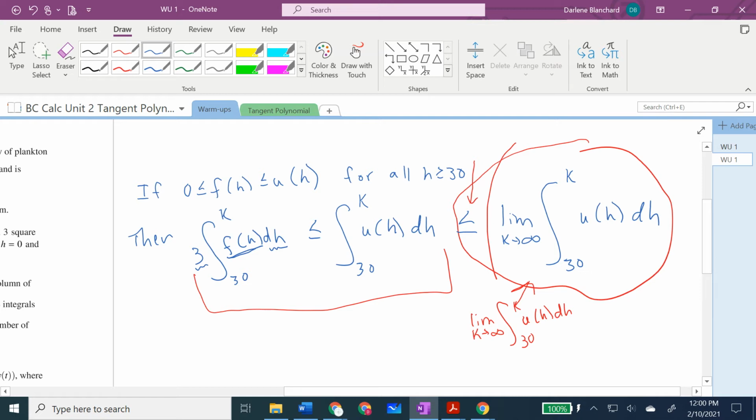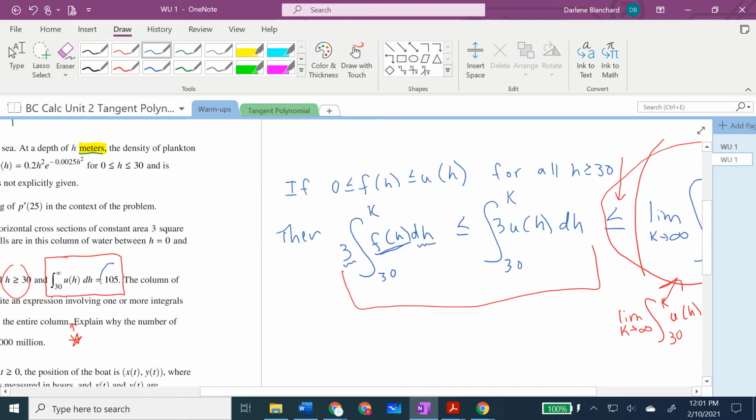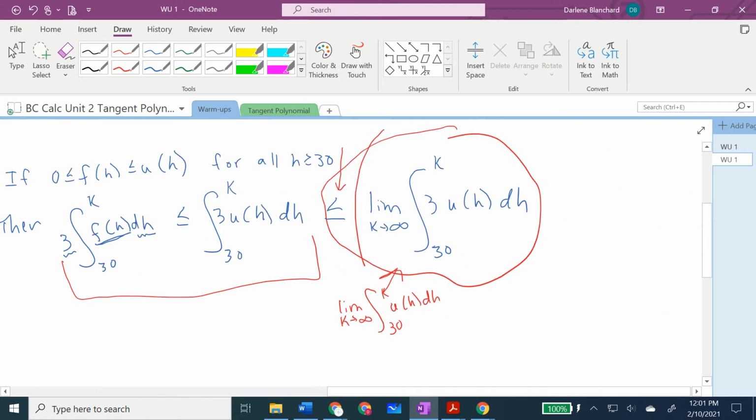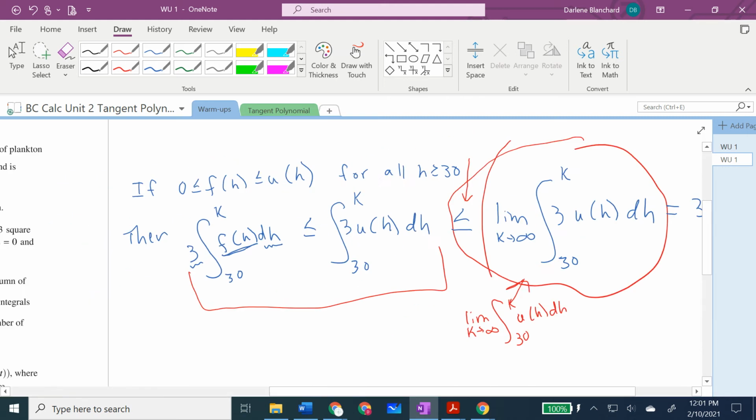Now, if I'm going to multiply that integral by 3, then I need to multiply this integral by 3, which means that when they tell us that that u integral is 105, then this is equal to 3 times 105. But make sure you're clear that this needs to be added to what we found in part B.